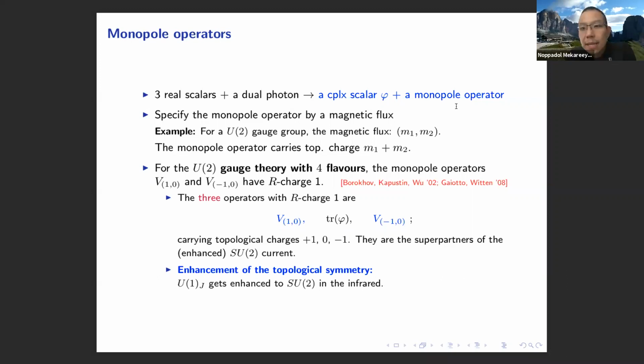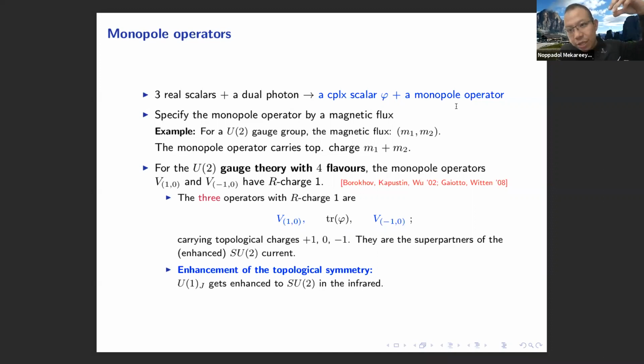This enhancement is best seen at the CFT point because, okay, excellent. So the vortex, as you mentioned, is more like an object that you have to go on the other branch, right?